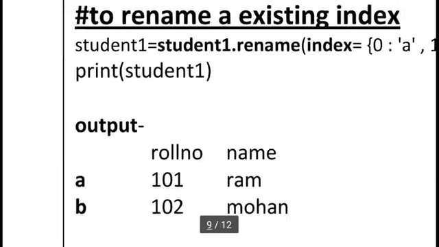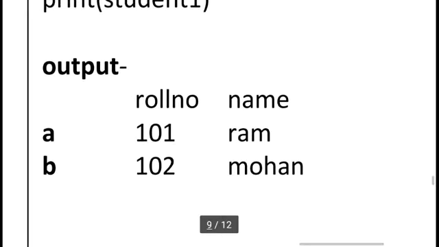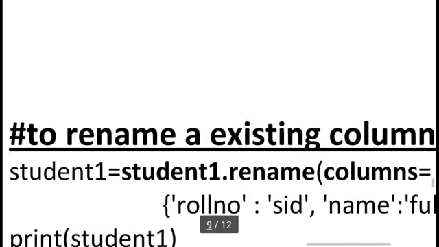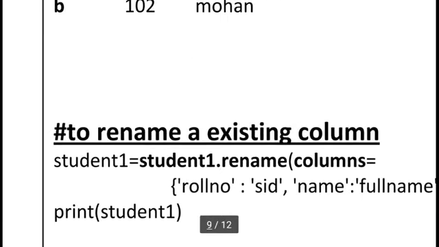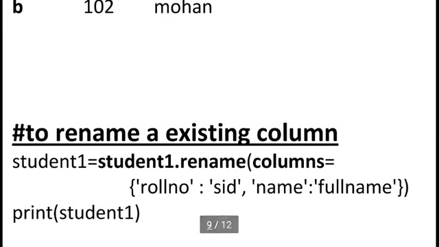Now I am changing the column name. Here I want to change roll number into student ID, or name into full name. So for this purpose I am using student1.rename. Here, instead of index, I am writing columns is equal to, and curly braces are important because when renaming a column or row we always use curly braces. So I am using roll number, our existing name, and the new name is SID, comma, name is our old name and the new name is full name, curly brace close and bracket close.